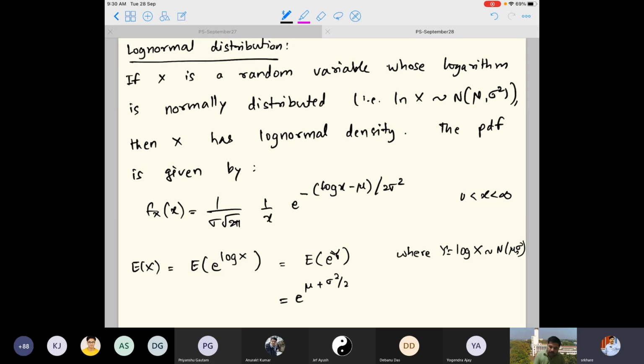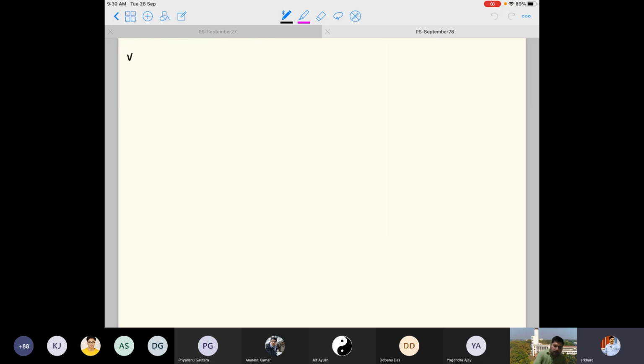And similarly, you can calculate the variance also. So the variance of x you can show is e to the power sigma square minus 1, into e to the power 2 mu plus sigma square.